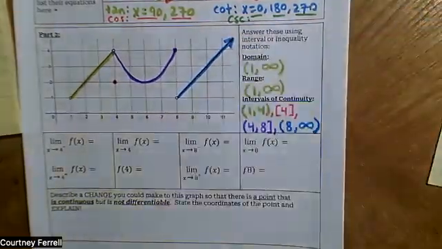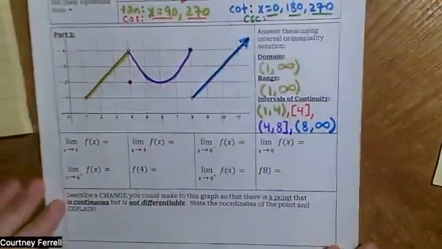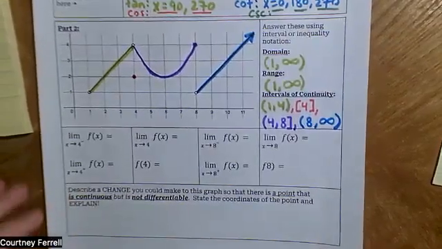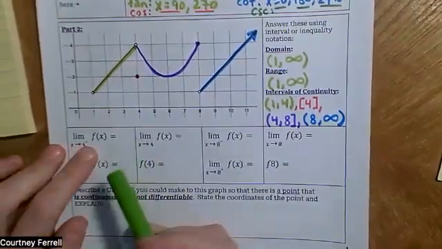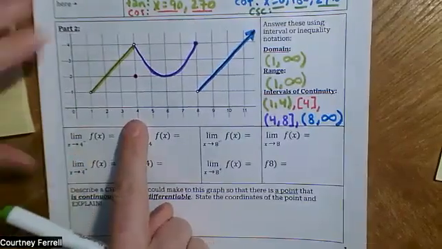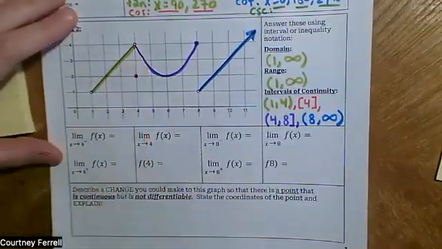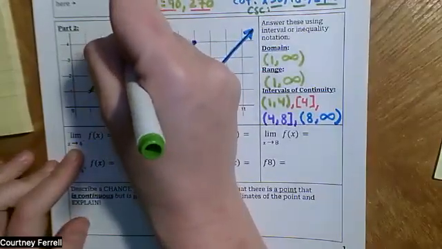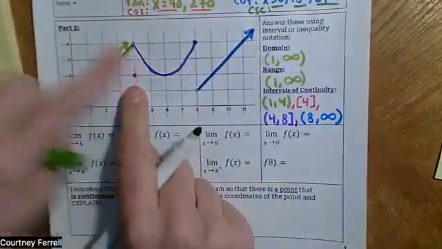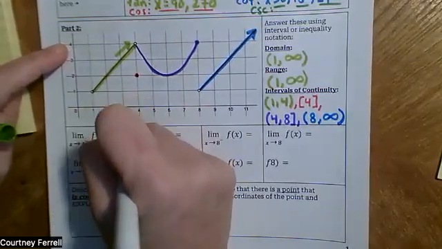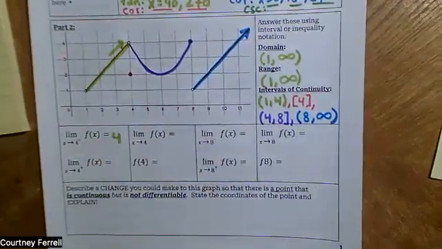So here we go. All right, our first limit question says, limit as x approaches 4 from the left. Here's 4. Here's the graph. I'm going from the left, so I'm headed this way. It looks like I'm going to hit 4. Second question.